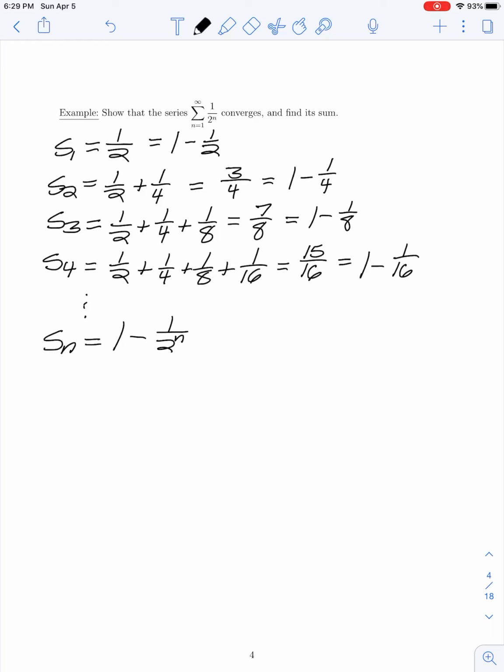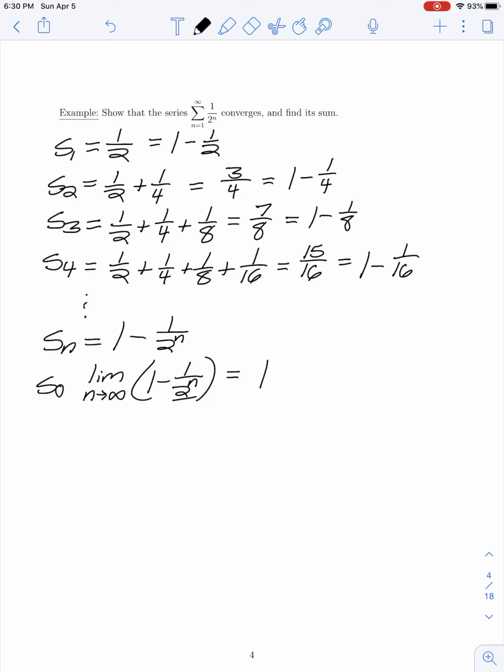So to determine whether this series converges or diverges, we would look at the limit of this sequence of partial sums, which is described as 1 minus 1 over 2 to the nth, as n gets larger, and this term, 1 over 2 to the nth power, as n becomes large, is approaching 0.